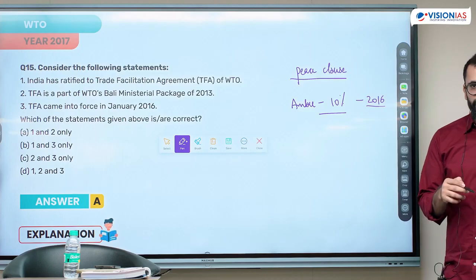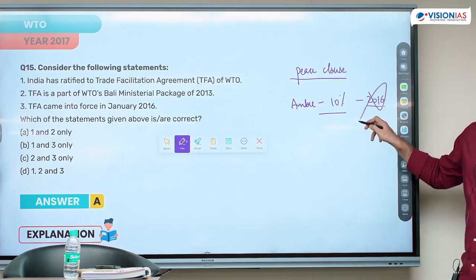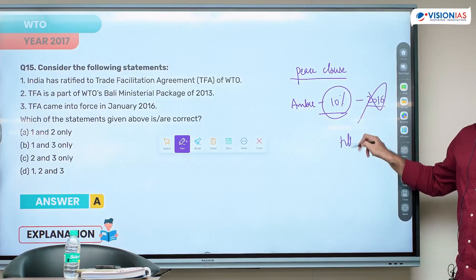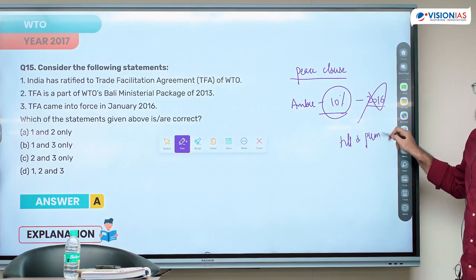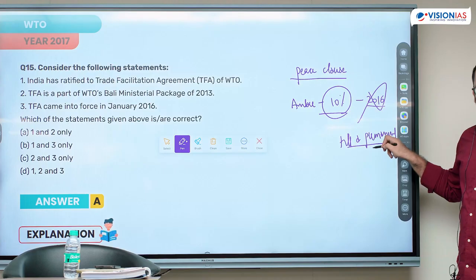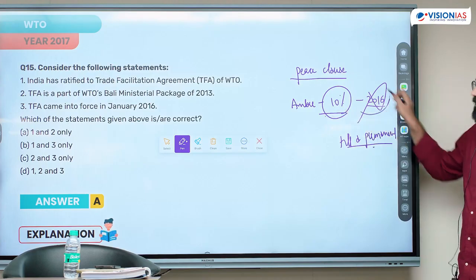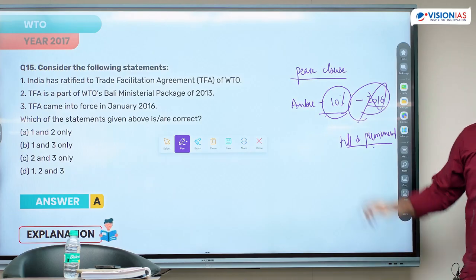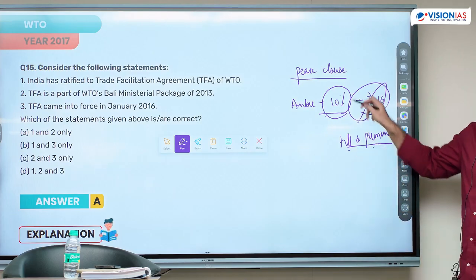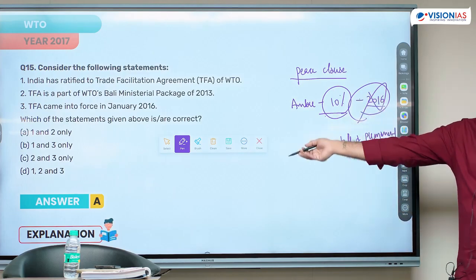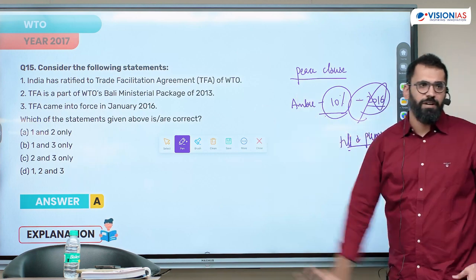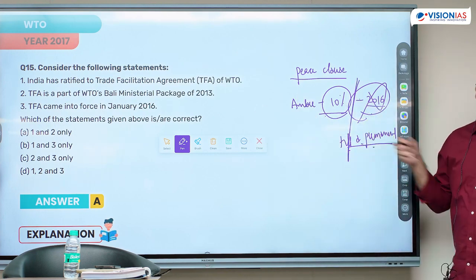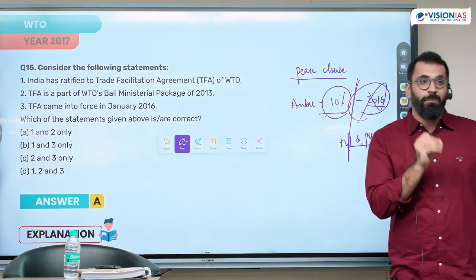Later, India renegotiated this and removed the timeline. India said we will breach this 10% till a permanent solution is found. This made it more permanent, that until a permanent solution comes, we will break this, not to a particular day. India refused to sign the TFA until and unless this language was changed. The moment this language change happened, India ratified it in January or I think February 2017, because this was a major issue. This is why the Bali Peace Clause is called a temporary solution.